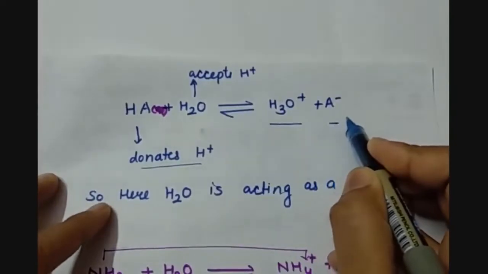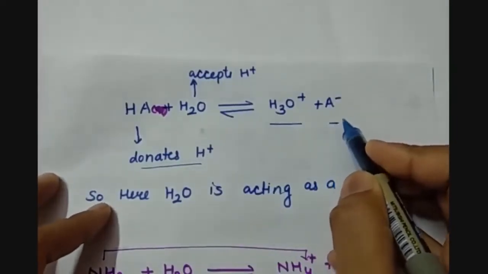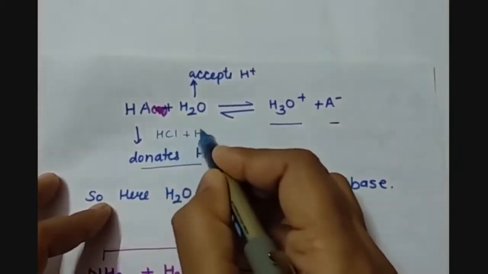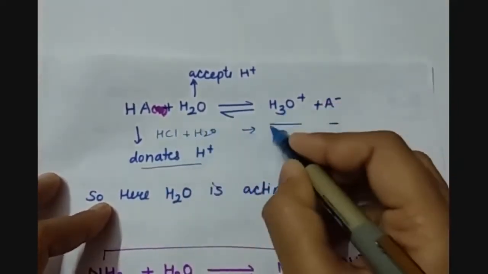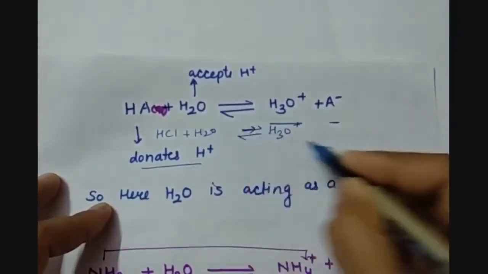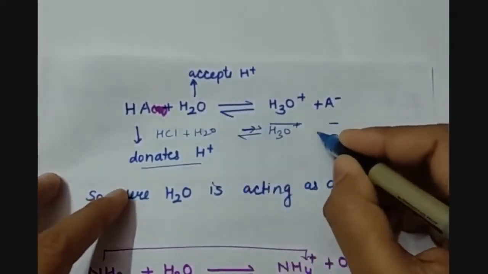A negative can be any negative charge. Suppose we have HCl and H2O, then it will form H3O plus and Cl negative.